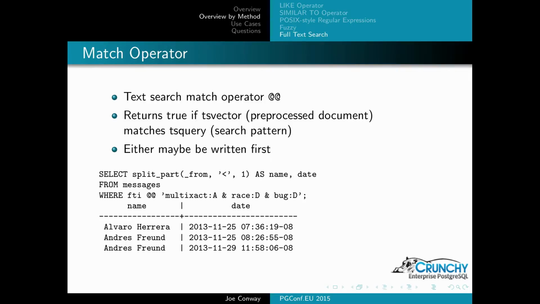So in this case, what I'm showing here is my tsvector column, fti, and I'm saying find me if the word multixact is in the subject and race in the body and bug in the body. And it comes up with 3 messages.